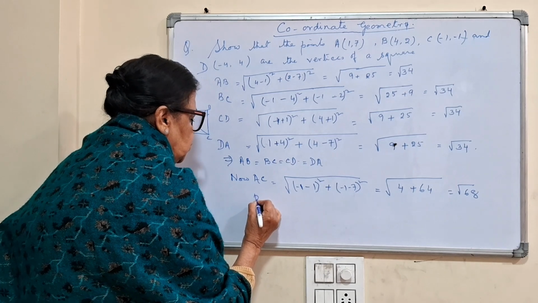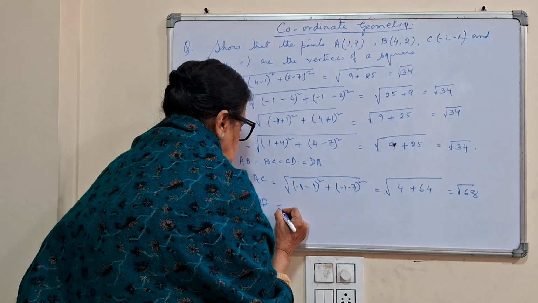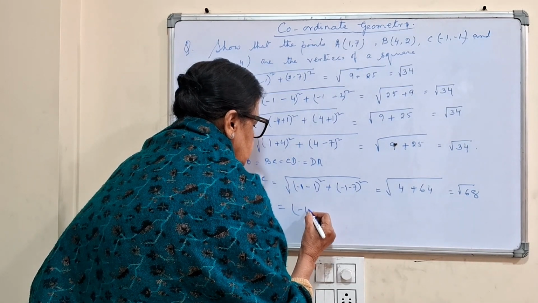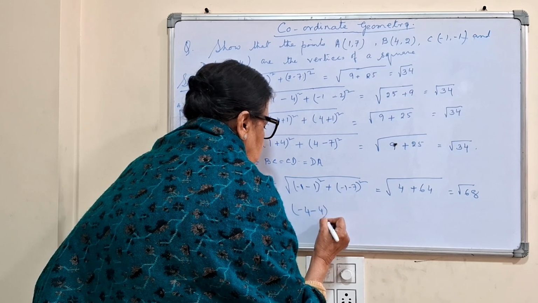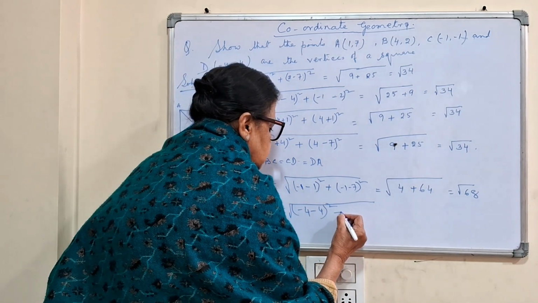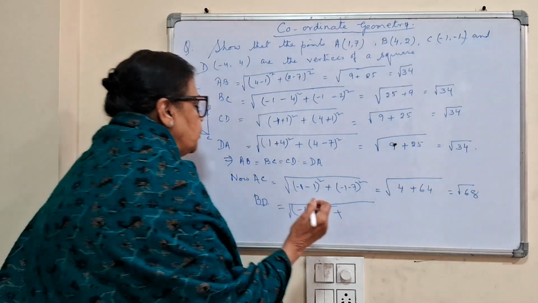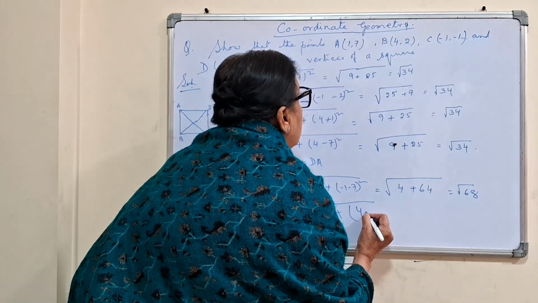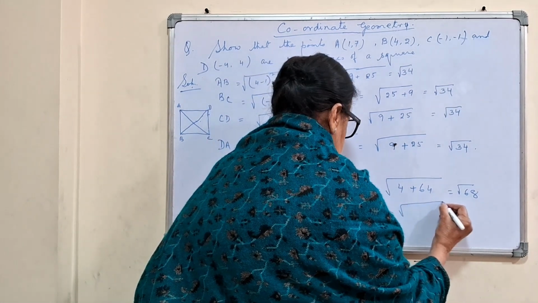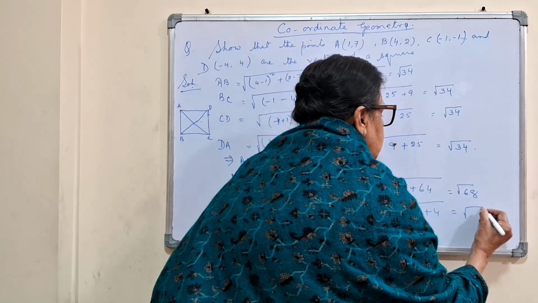Now BD is equal to the square root of -4 minus 4 whole square plus 4 minus 2 whole square, that is the square root of 64 plus 4, which is root 68.